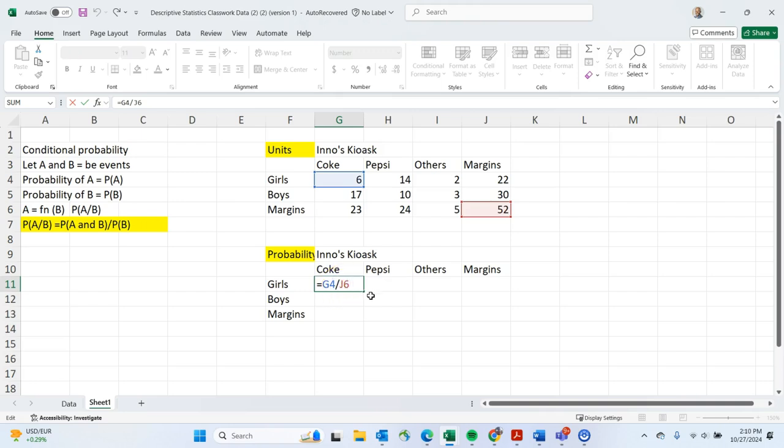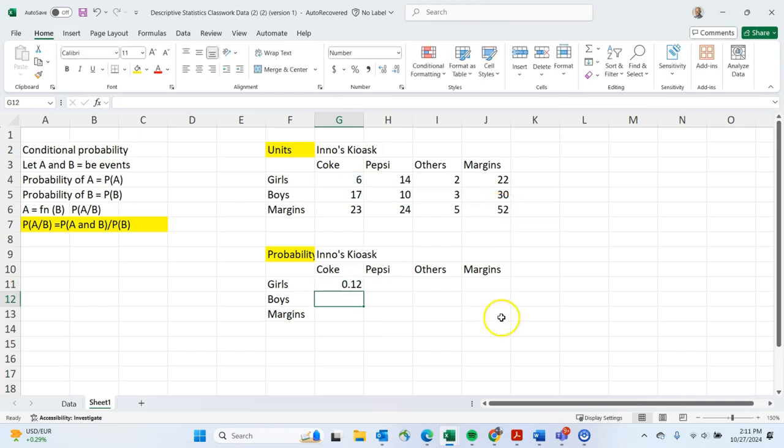To lock this down, I will put the mouse there and click F4, so you can see that we have the $ sign on both sides. It depends on which cell you are at, but all you have to do is put the $ sign around it, and that will be for the total, the grand total.